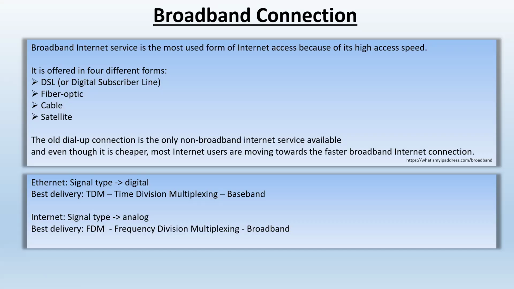But nevertheless, all the frequencies are present in the medium, which in this case is air. Okay? So this would be something that's called a broadband connection through the air.